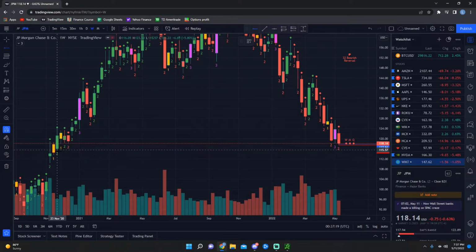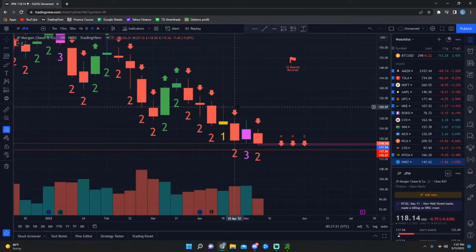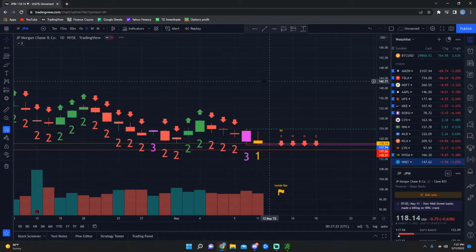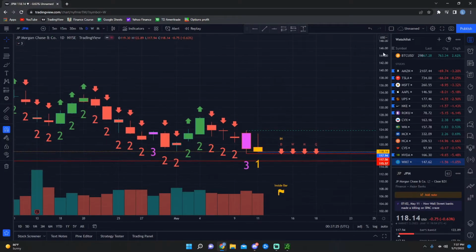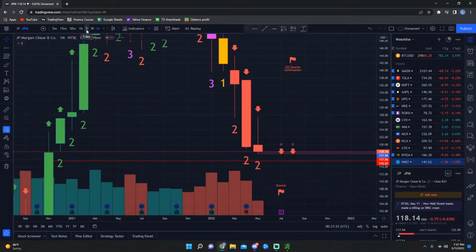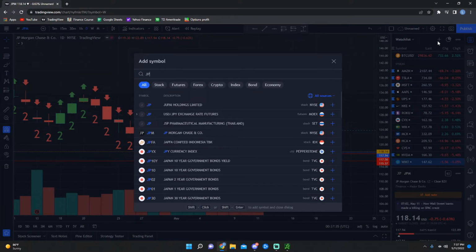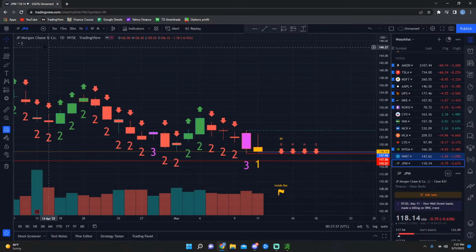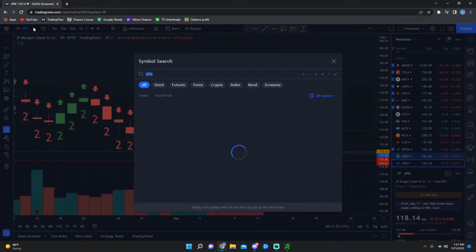So this would be the next downside target here. This one's alright. I mean, I got the 3-1. This is one I'll add to my watch list. This is potential play. Not something I'm in love with, but it's decent.